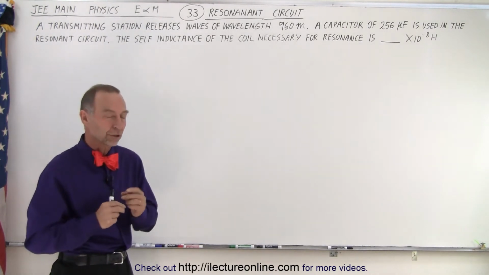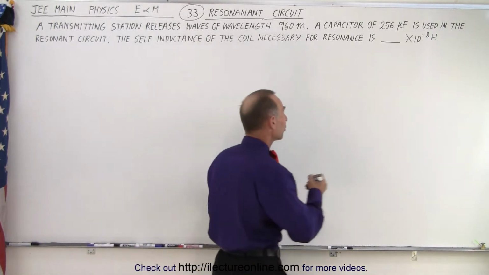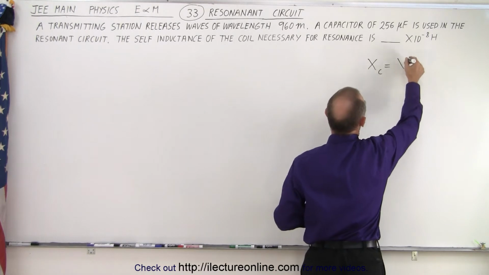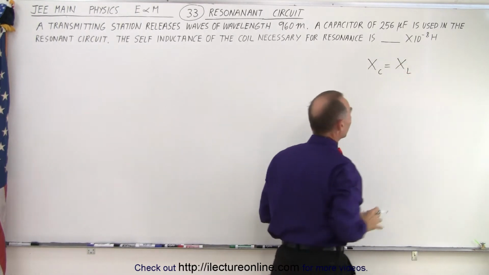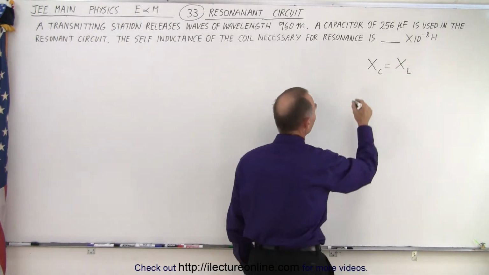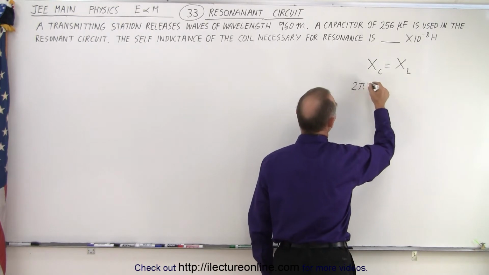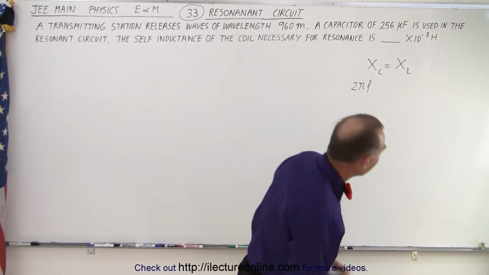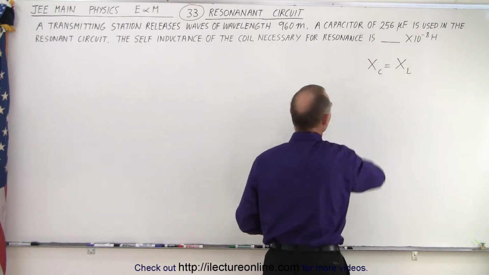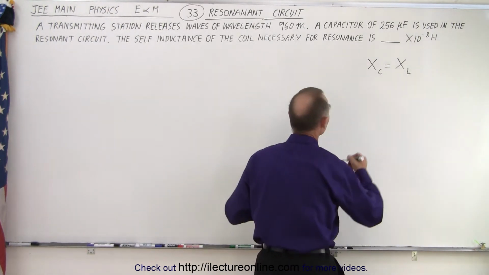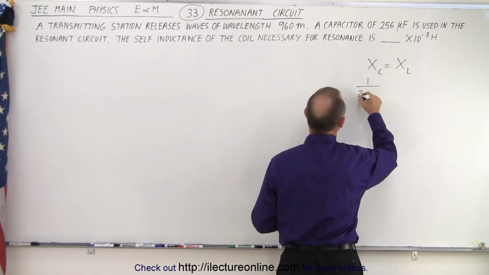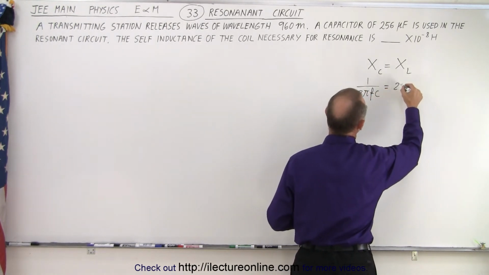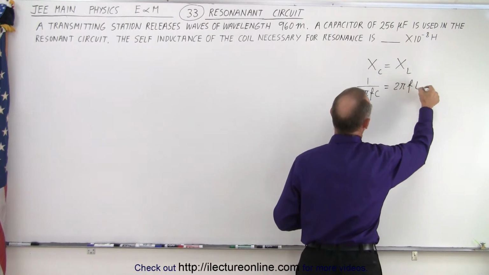A resonant circuit. We have to realize that in a resonant circuit X sub C must equal X sub L at that particular frequency. Now X sub C is equal to 1 over 2 pi FC, and X sub L is equal to 2 pi FL.